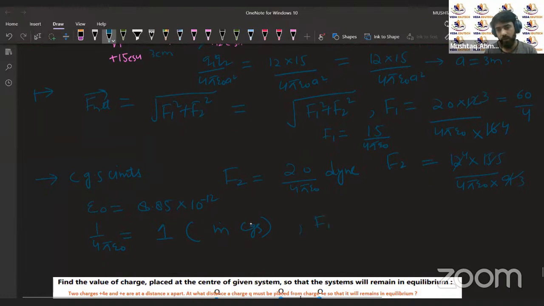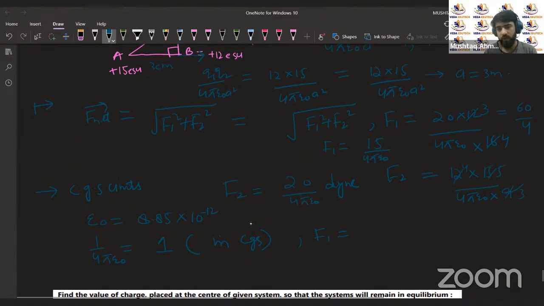So we'll be getting F1 equal to 15 dynes and F2 equal to 20 dynes. So our net force will be under root of 15 square plus 20 square. 20 square is 400 and 15 square is 225, so it will be 625.